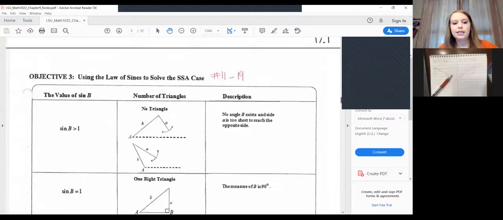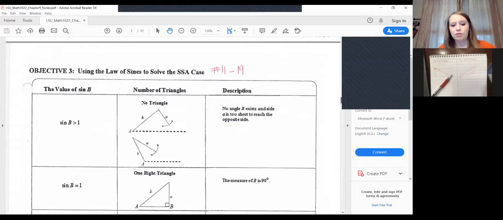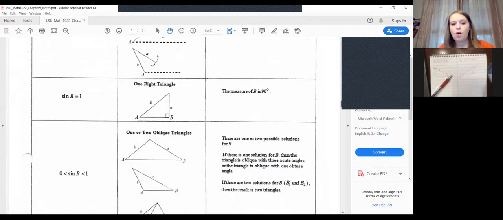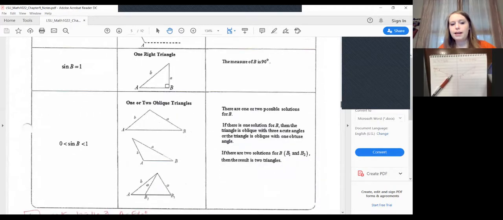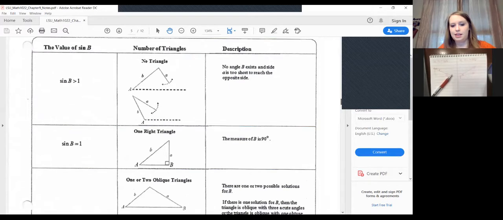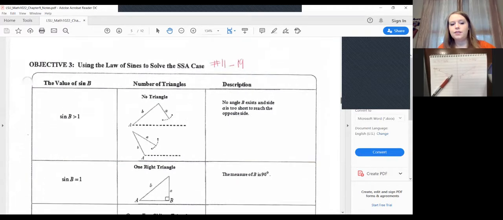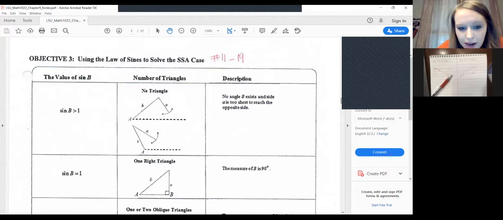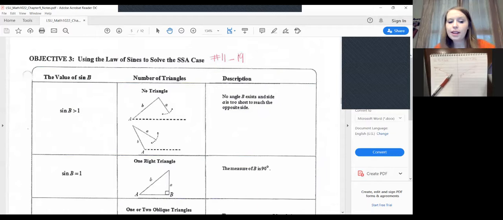You have to decide if you have no triangle, one triangle, or one or two. So basically you need to find out what sine of B is. If sine of B is greater than 1, that means your angle is too big for your side lengths to reach, so it's no triangle. If sine of B equals 1, then you got a right triangle.